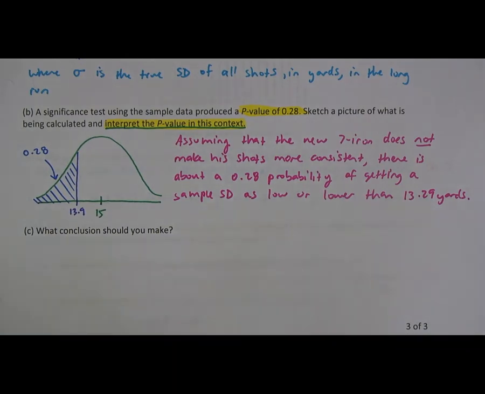When you are interpreting p-values, you're going to assume that the null is true, because what you're saying is, what's the probability that the evidence that we have happened by chance?